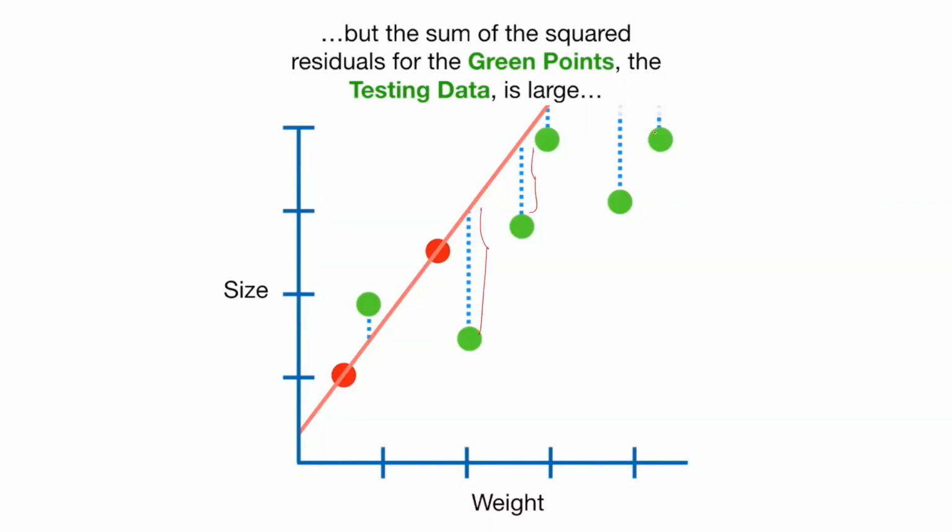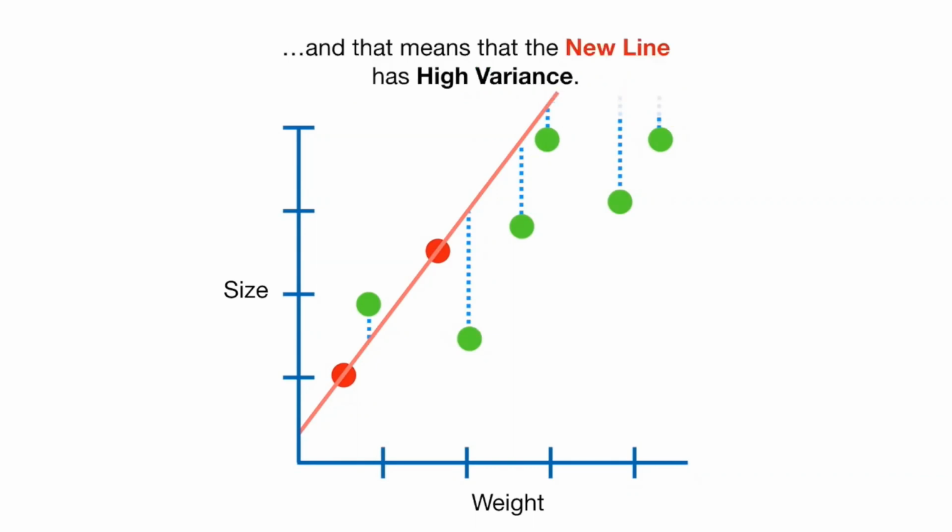If we have large errors, we will not be able to predict the test data accurately. It means that the new line has a high variance. It varies too much from the mean line or the best line, so this line has a high variance.